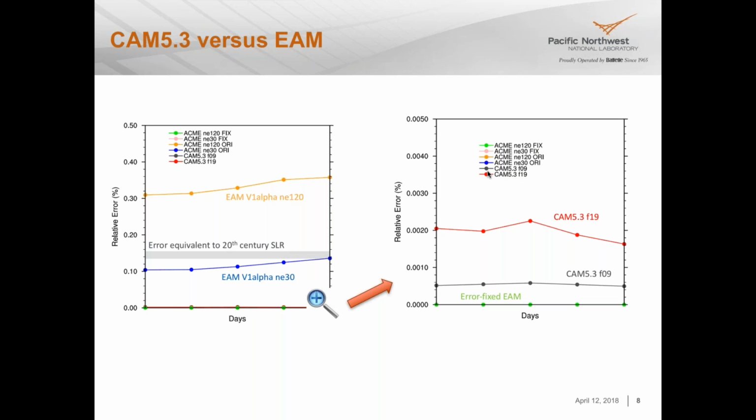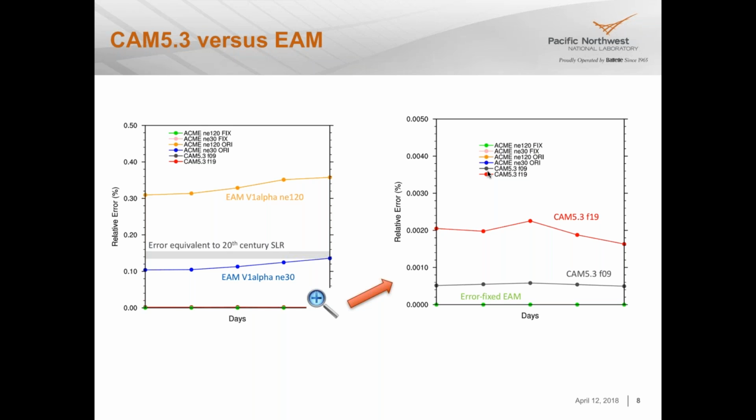For NE30 it is about 0.1%. For NE120 it is about 0.3%. Both of them are at the same magnitude or even higher than the error equivalent to the 20th century sea level rise change due to anthropogenic forcing. So this may cause a big problem in our coupled simulation.